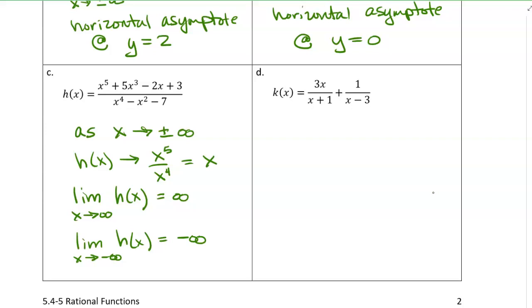All right, this last one is a little bit different, it's not written as a rational function right now. It's the sum of two rational functions, but we can rewrite this, right? I need a common denominator, so I'm going to take the first ratio, and it's missing a factor of x minus 3 in its denominator. So I'm going to multiply it by x minus 3 over x minus 3.